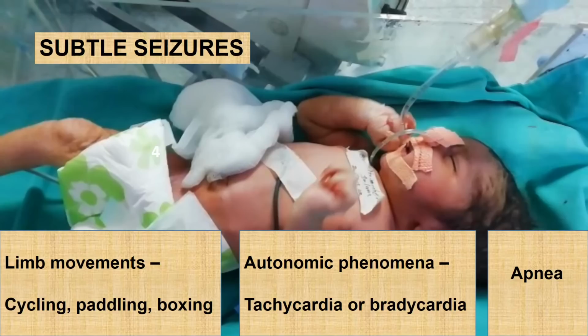So subtle seizure can be manifested in the form of eye, orolingual, facial movements, limb movements, autonomic phenomena or apneic attack. If a preterm baby is having apnea with bradycardia, we will say the patient is having apnea of prematurity. If apnea is associated with tachycardia initially, we should think about seizures.